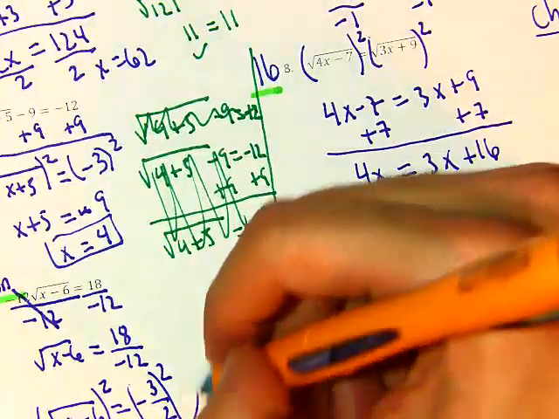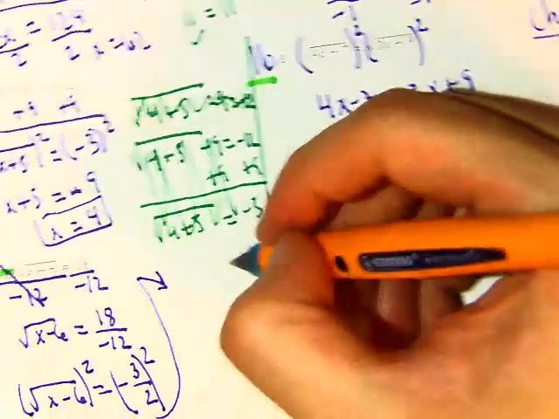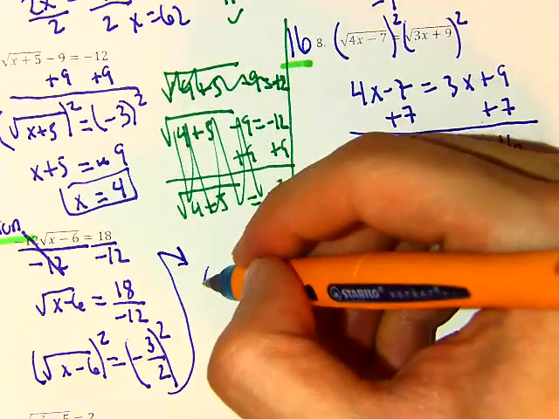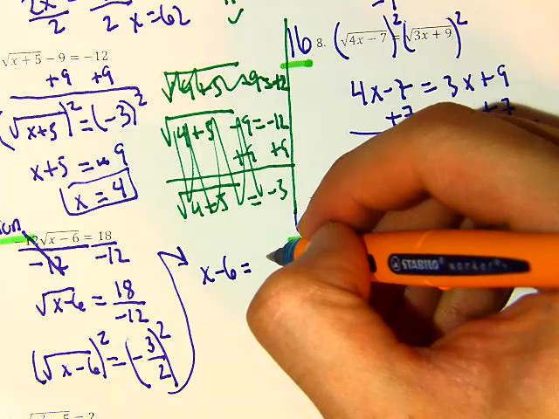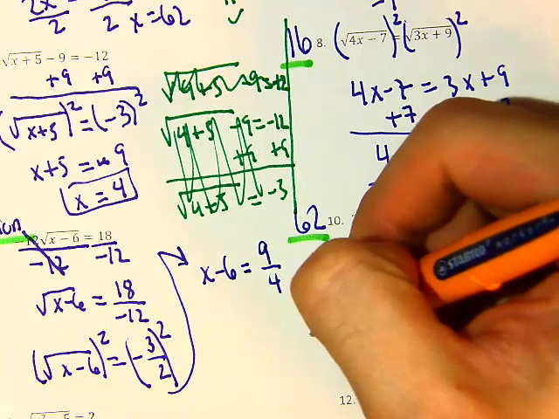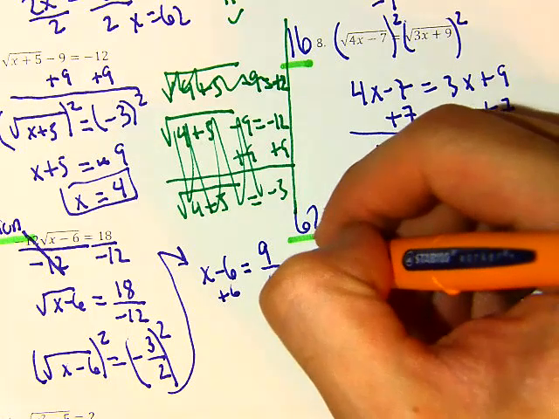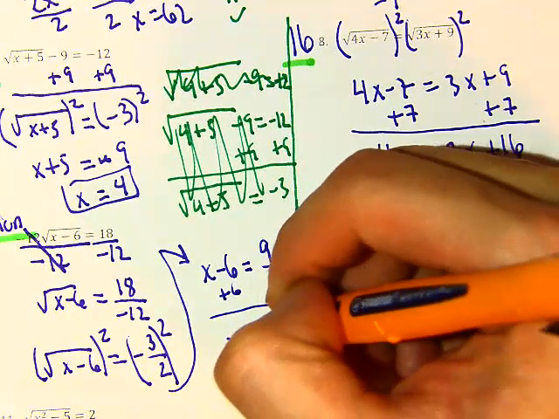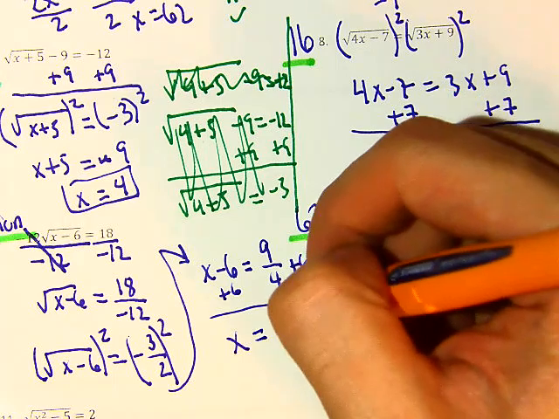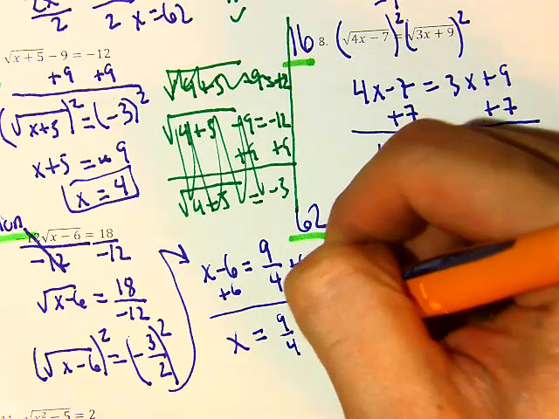Okay, and now here, what you want to do is square both sides. And now here, let's bring it up here. You have x minus 6 is equal to 9 over 4. And then if you add 6 to both sides, I know it's a little messy with the fraction, but x is equal to 9 over 4 plus 6.